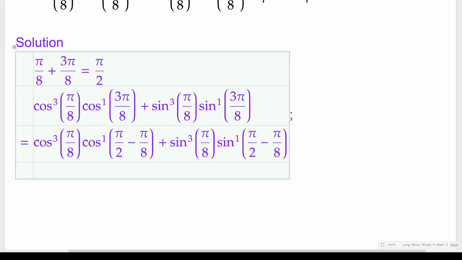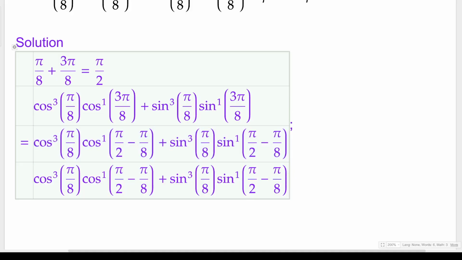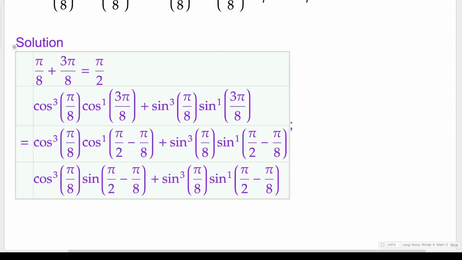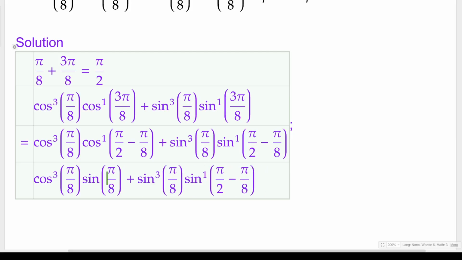Now if you observe, this is pi over 2 minus pi over 8. So cosine of pi over 2 minus pi over 8 can be written as sine pi over 8, and similarly sine of pi over 2 minus pi over 8 can be written as cosine of pi over 8.